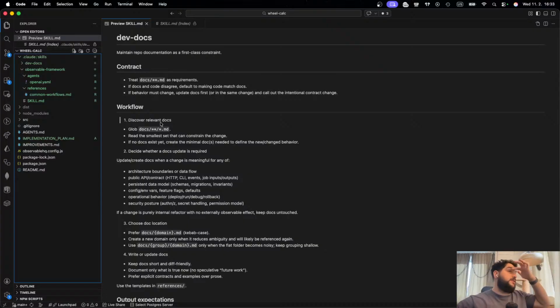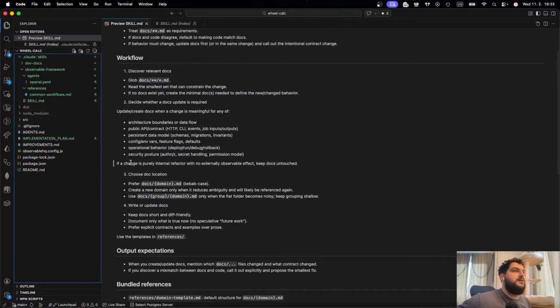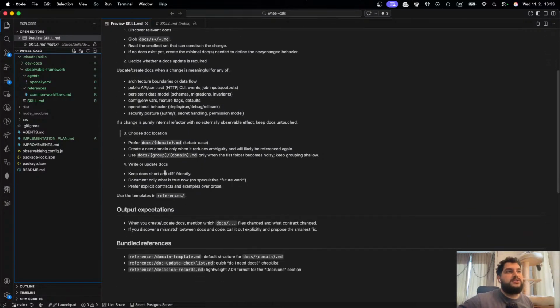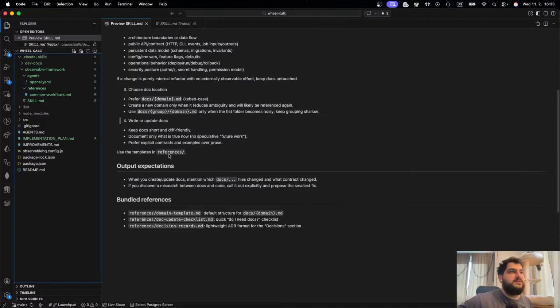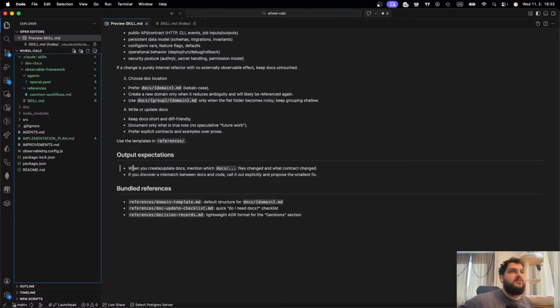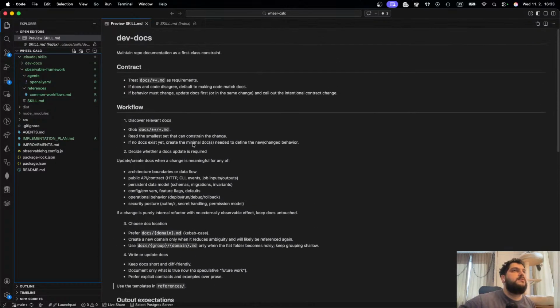Workflow: discover relevant docs, decide whether a docs update is required, choose a doc location, and write and update docs. Output expectation: when you create or update docs, mention which docs files changed and what contract changed. Where is it?